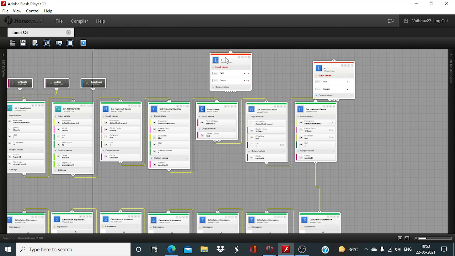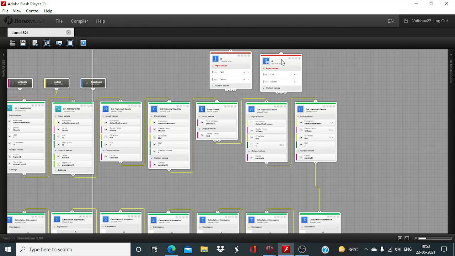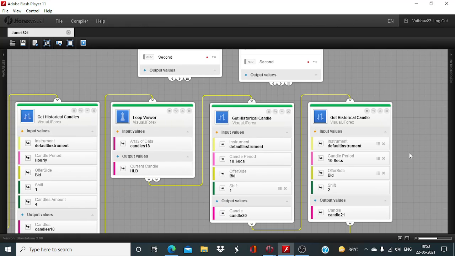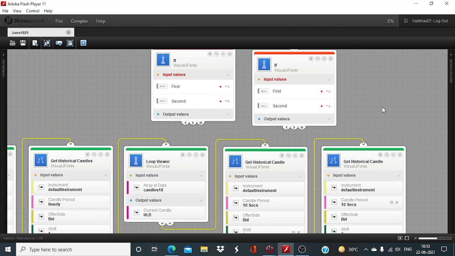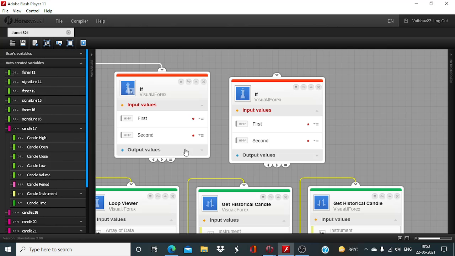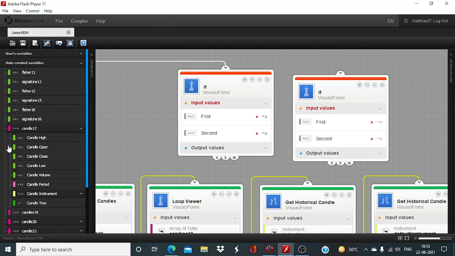Now we have to compare the candle 17 candle close with candle 20 candle close and candle 21 candle close. So the candle 17 candle close is going to be the common input for both of these blocks.